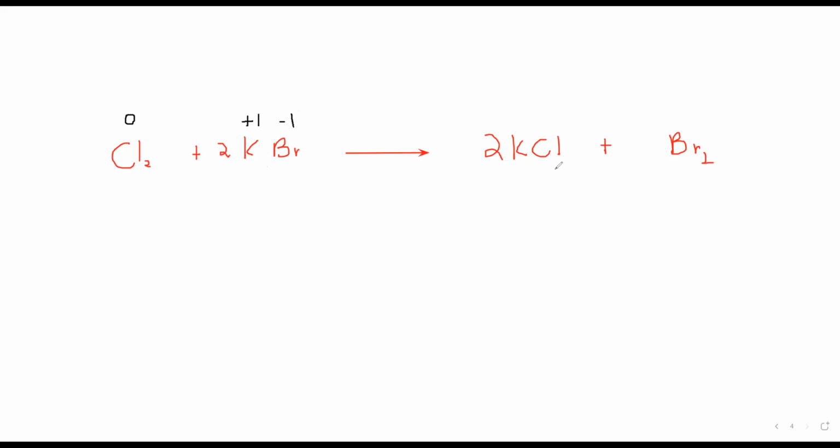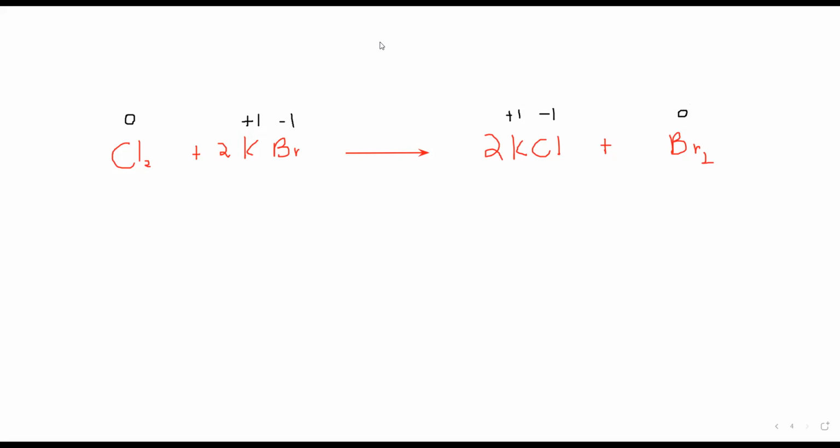Then again in potassium chloride, potassium belongs to group 1, so plus 1. And chlorine belongs to group 7, so minus 1. What about bromine, Br2? Because it's an element, so the oxidation number is 0.